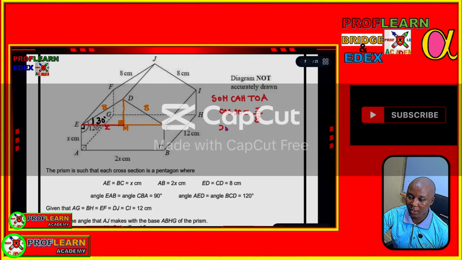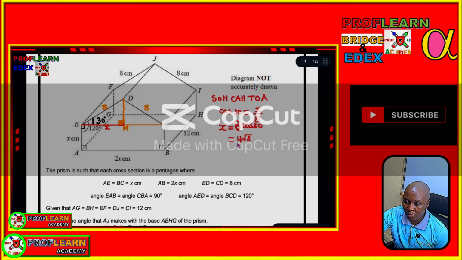So x is going to be equal to 8 cos 30. If we put it in the calculator, we get 4√3 in exact form. So EM is 4√3, and therefore we know the value of x.